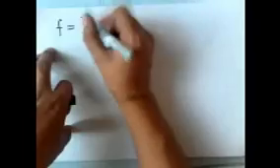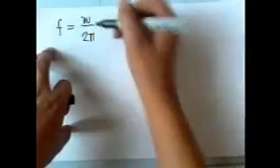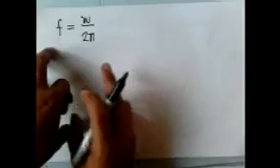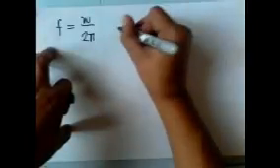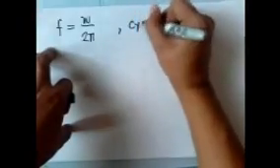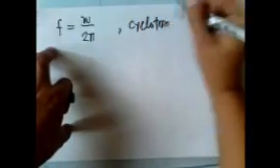The number of revolutions per unit time is the frequency f, equal to the angular speed over 2π. So this frequency is independent of the radius of the path. It is called the cyclotron frequency.